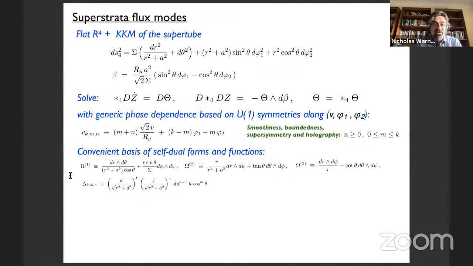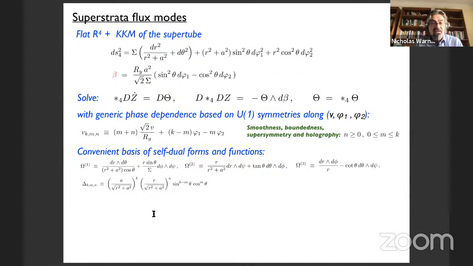It's just a very useful basis. And then there's a magical function that turns up everywhere. I tend to think of it as like the generalized version of some Y_lm. It's basically some power of this ratio, another power of this ratio, and then some mixture of sine and cosine. And I'll make that more precise in a minute. That function is going to turn up all over the place.